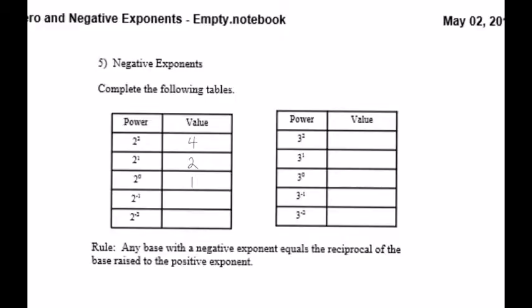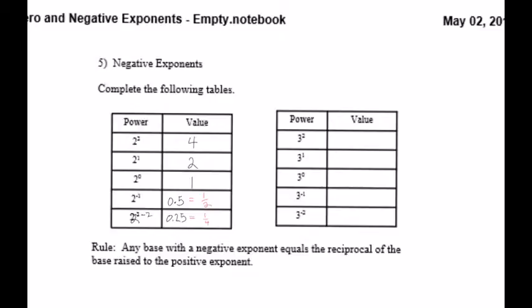And you'll notice that if I have 2 to the negative 1, that's 0.5. But I'd like you to realize that 0.5 is really 1/2. Then the next calculation, 2 to the negative 2, is going to give us 0.25, which is the same as 1/4.